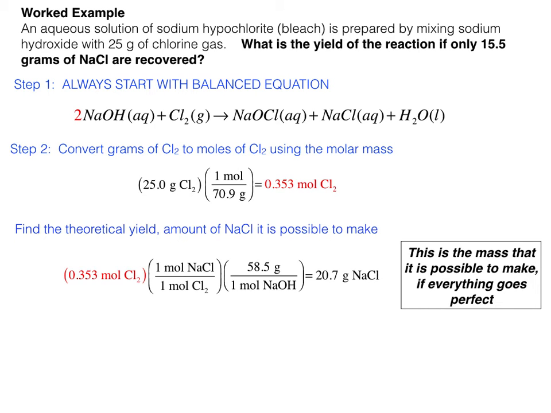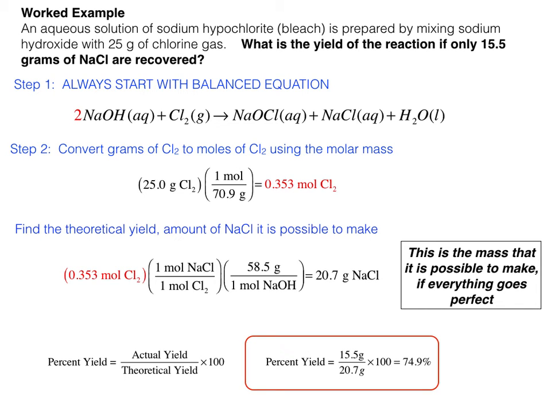The 15.5 is the actual yield. So now we can plug it into our percent yield equation: the actual yield divided by theoretical times 100. That 15.5 from the problem divided by the 20.7 theoretical times 100 is equal to 74.9%. That is our percent yield for this chemical equation.